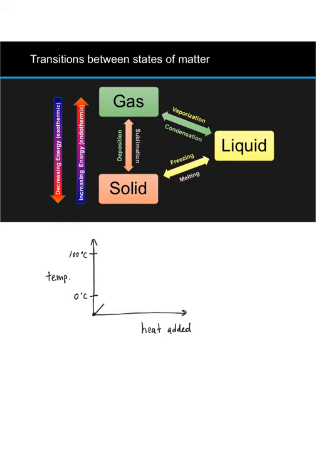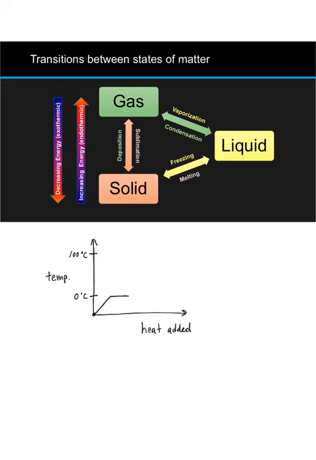As we start to add heat energy to that ice, its temperature starts to rise until it hits 0 degrees Celsius, the normal freezing point for water. At that temperature, as we continue to add heat energy, that block of ice sits at the same temperature, 0 degrees Celsius.